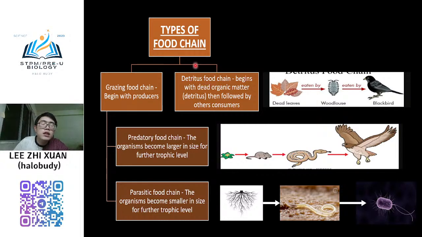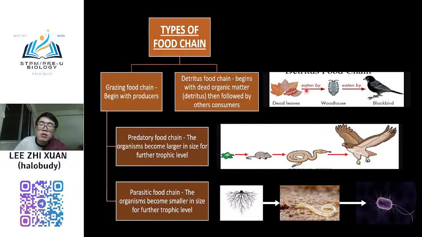So this detritus food chain is more special because it begins with dead organic matter, like dead leaves, dead plants, or dead animals, including humans. All are dead organic matter.